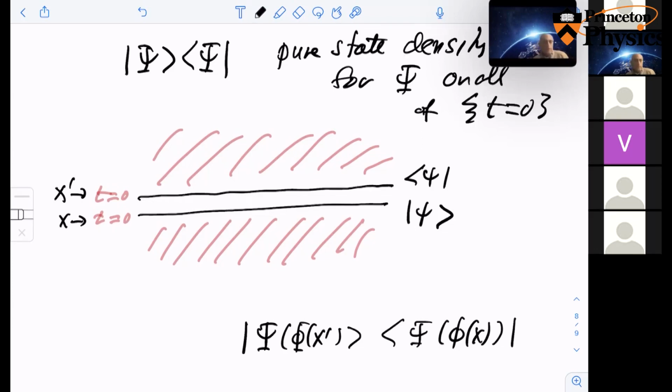So to compute the pure state density matrix, we do a path integral in the lower half plane with boundary values phi of x, and a path integral in the upper half plane with some other boundary values phi of x prime. And the product of the two is a density matrix that depends on both sets of variables.